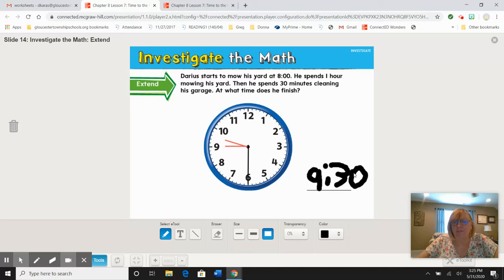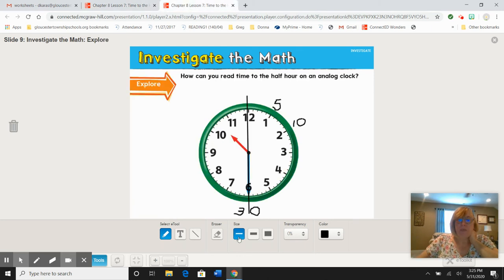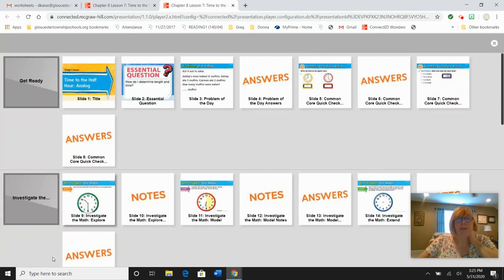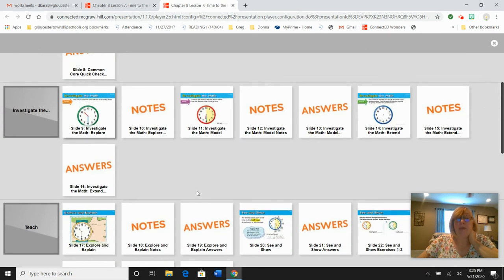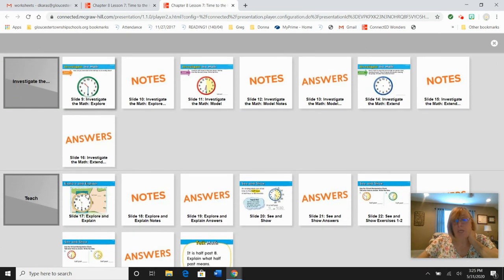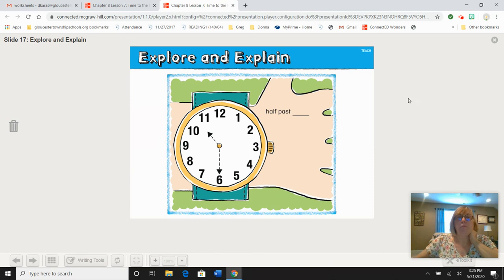Very fluffy numbers. Okay, 9:30. All right, so we are going to move through those and let's look at the next page because that was just a mess.